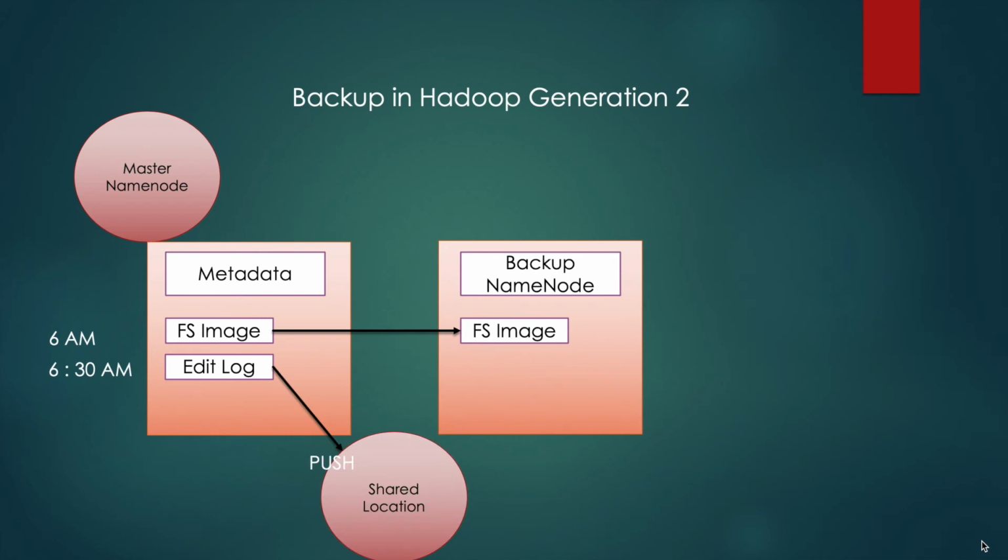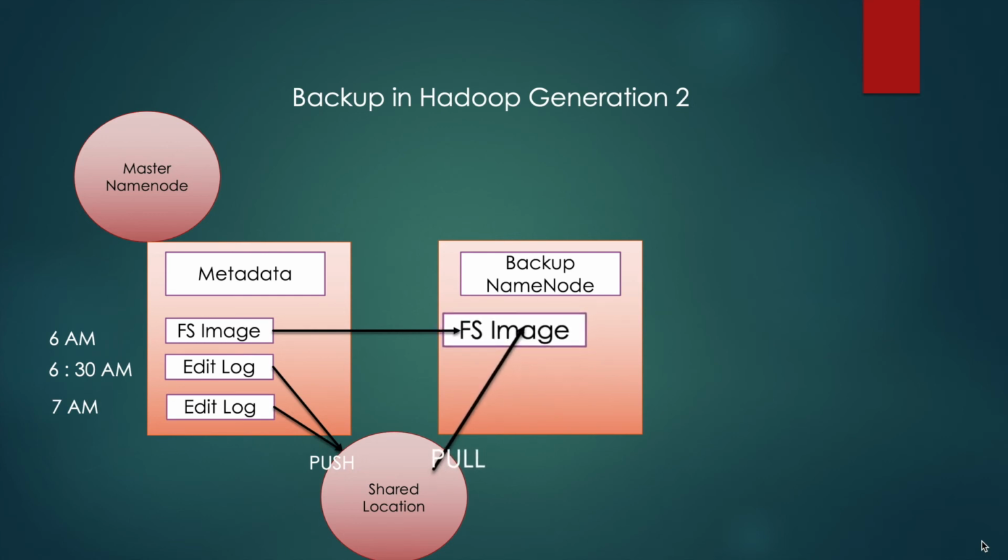At the same time, this edit log will be pulled by the backup node, and our FS image has the edit log merged with it. At 7 a.m. one more edit log is generated, pushed into the shared location, pulled by the backup name node and merged into the FS image.